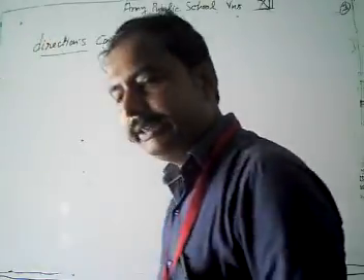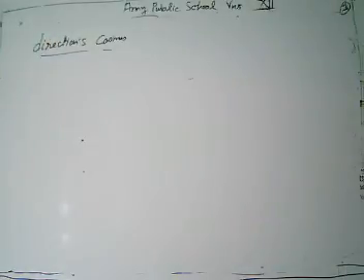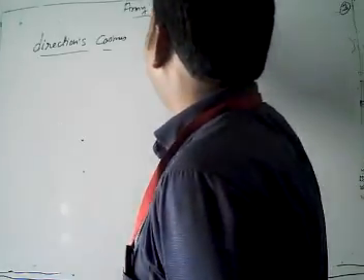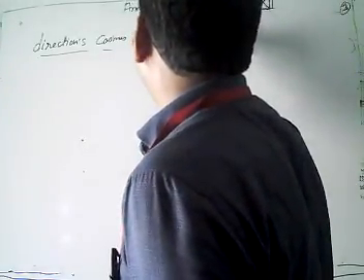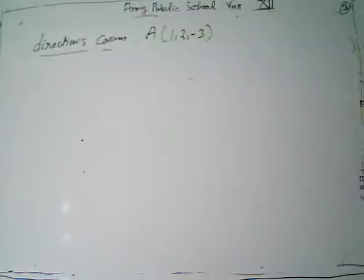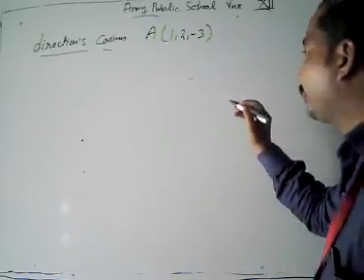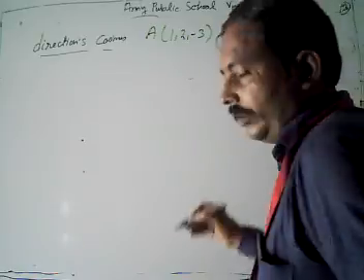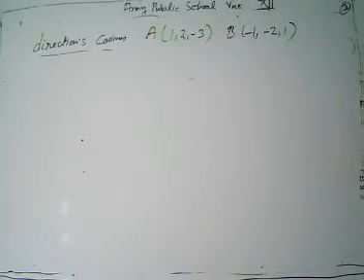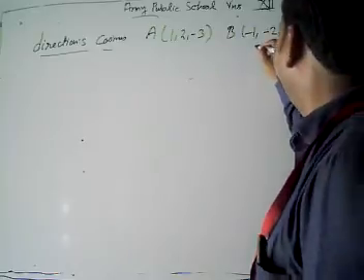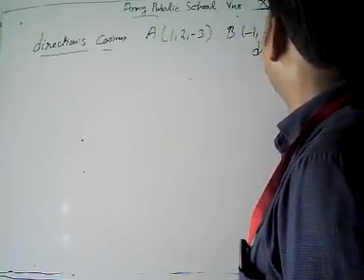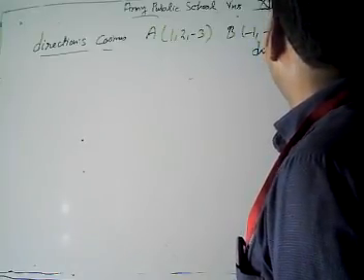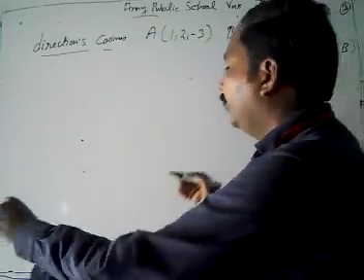What we have to find here: direction cosines of the vector joining the points A (1, 2, minus 3) and B (minus 1, minus 2, 1), directed from A to B. Now it's given there.